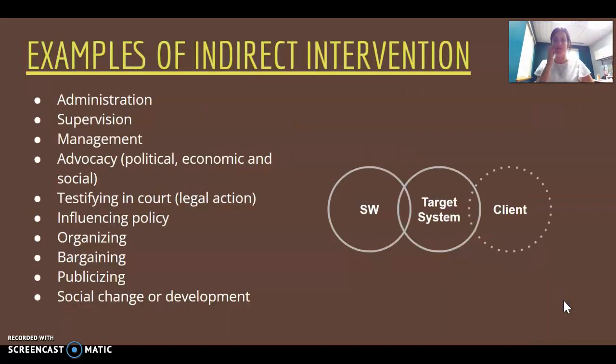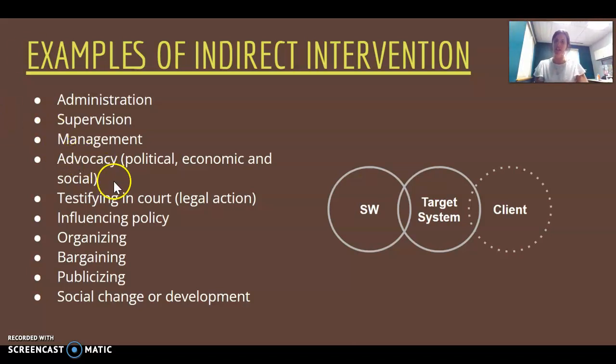So some examples are any type of administration. If you become a social worker, you might not be doing direct practice. You might be more in an administrative role, but that really does help empower clients because you're advocating for good and effective services. Supervising, so if you are supervising therapists or case managers, you might not actually be providing the service directly to the client, but you're helping ensure that they're receiving good services.